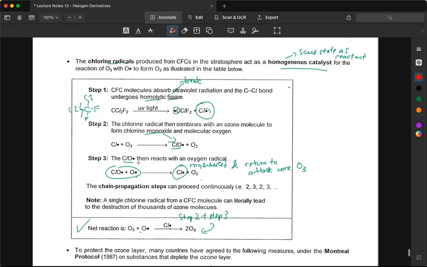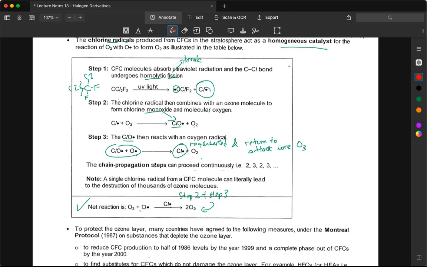The ClO then reacts with another oxygen radical to form Cl radical and oxygen. So this Cl radical is regenerated in step 3 and returns back to step 2 to attack more ozone, to deplete the ozone.